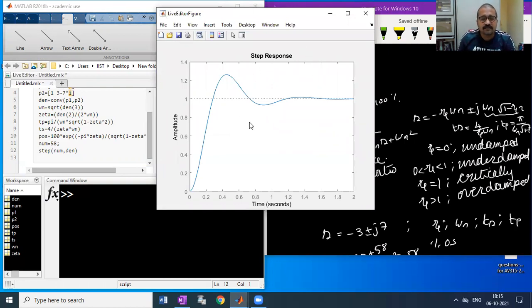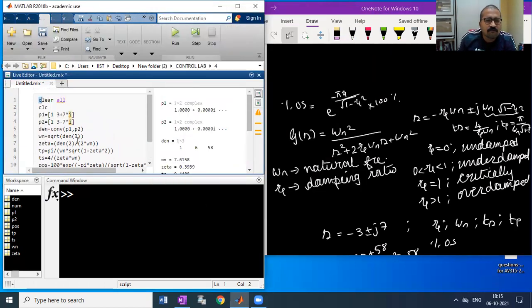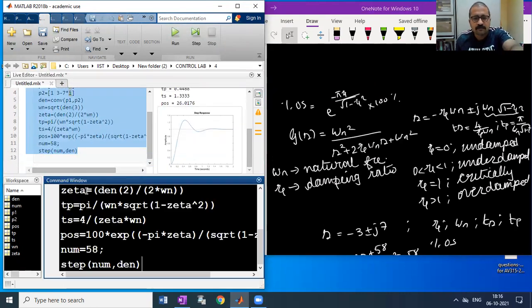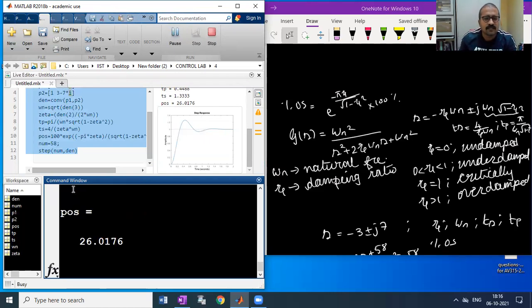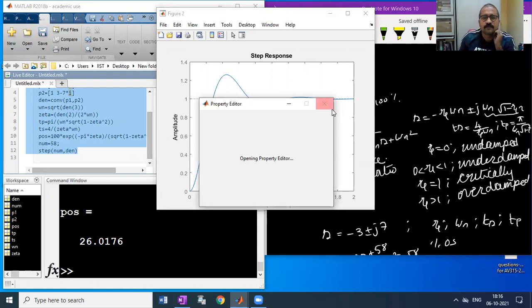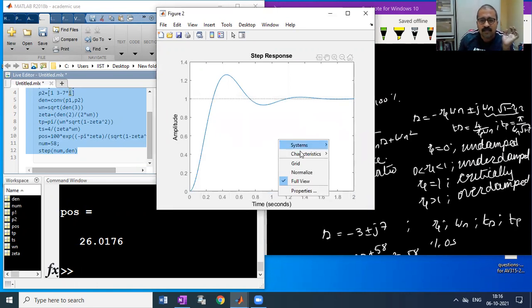How to check these things? You can do a right click. It's not working here, so let me run this in the command window. Now you will get a separate figure window, and you can do a right click, characteristics.